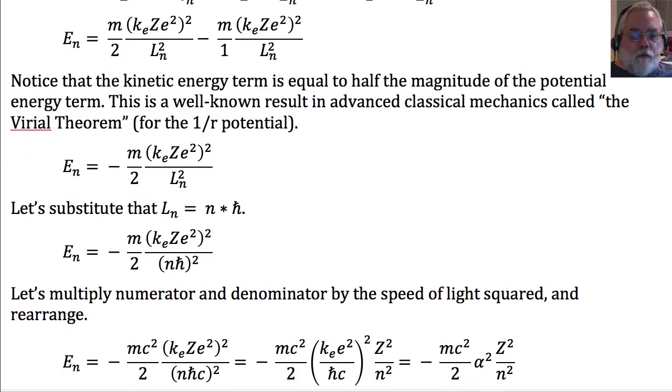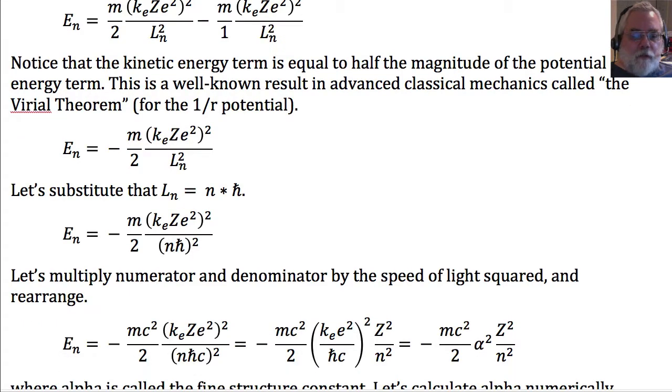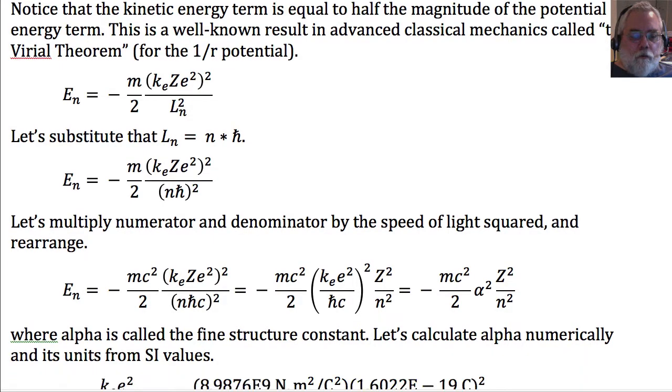Let's multiply the numerator and denominator by the speed of light squared and rearrange the equation. What we get is that the energy E sub n equals a product of 3 terms: minus mc squared over 2, alpha squared, and z squared over n squared, where alpha is called the fine structure constant.